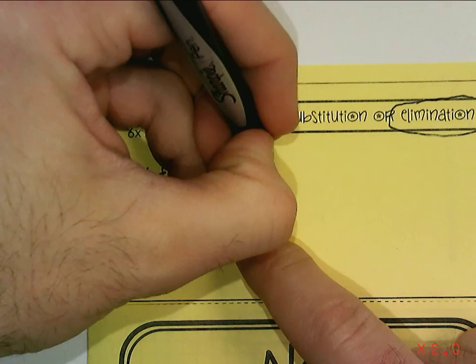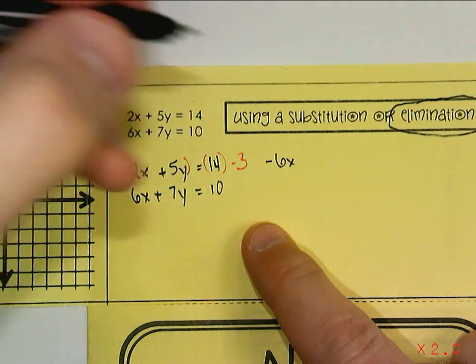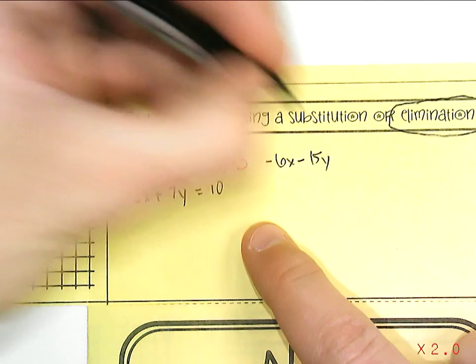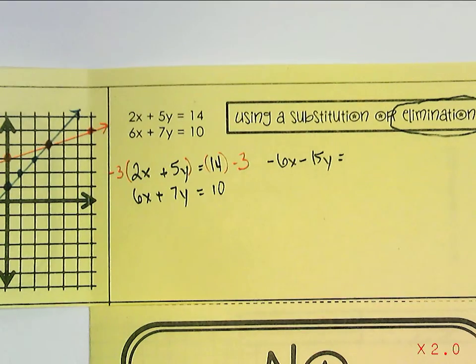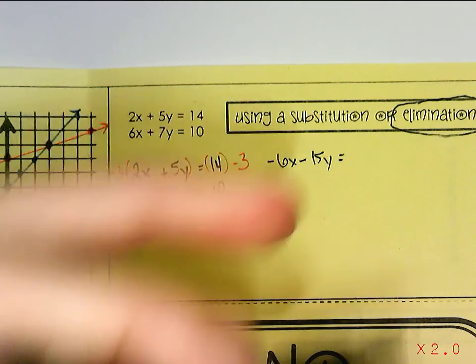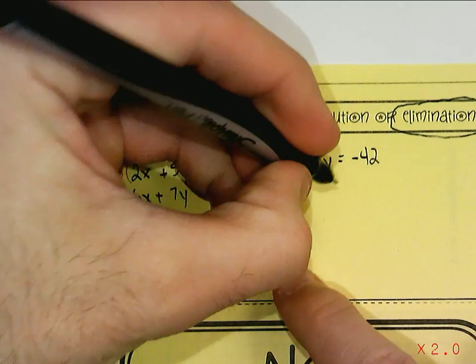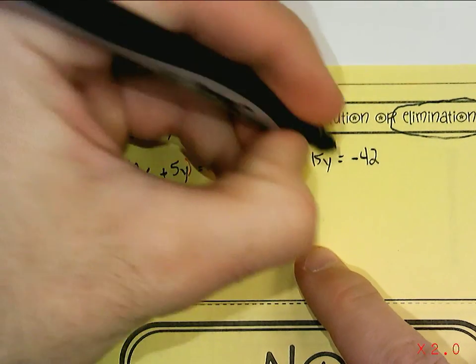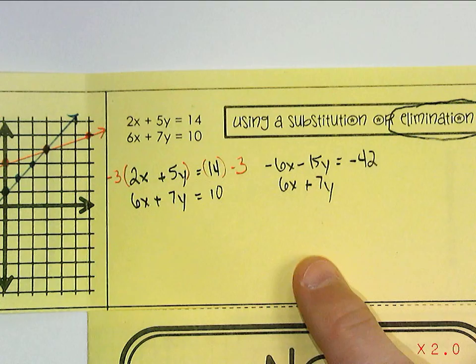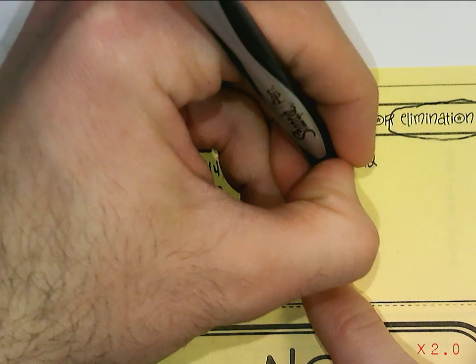So I would have negative 6x minus 15y equals negative 42. And then the bottom equation we would just copy down again: 6x plus 7y equals 10.